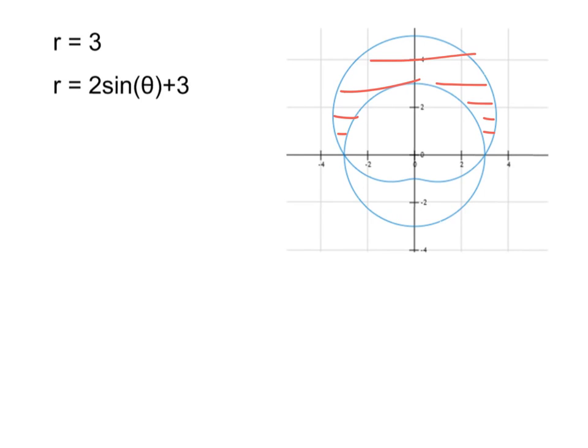Okay, so the circle, of course, is r equals 3. The cardioid, or the dimpled limacon, r equals 2 sine theta plus 3 up here. Always a good idea to know where they intersect. And you know, this one is right on the axis, so I think we can probably make a pretty good guess about it.